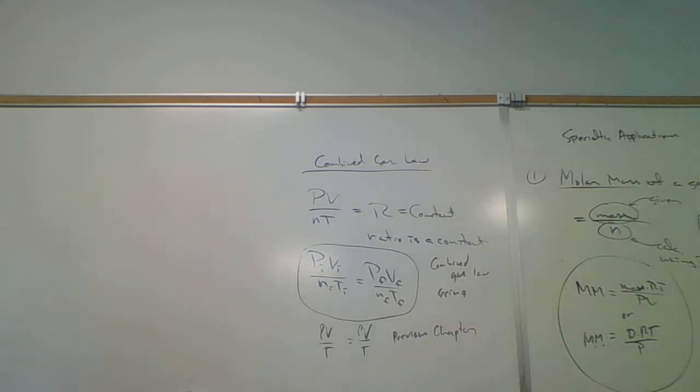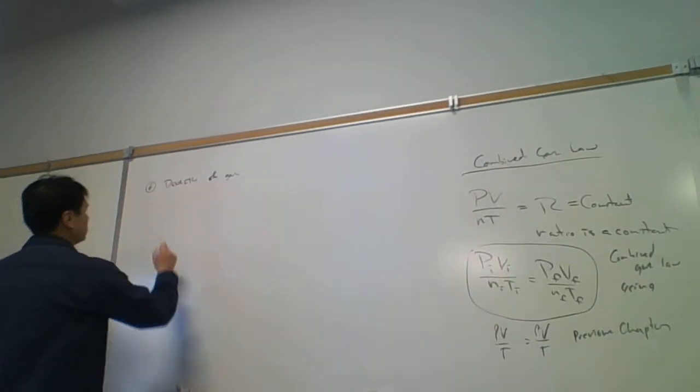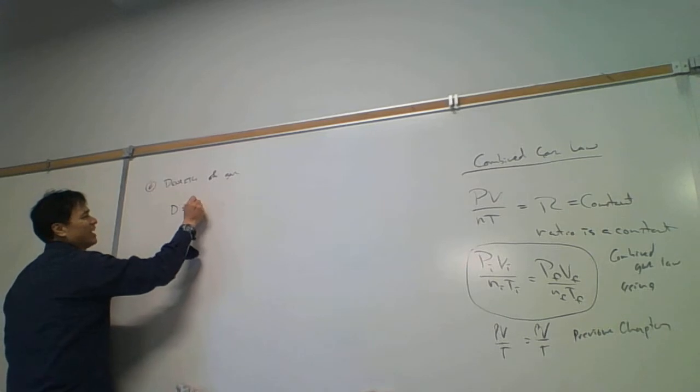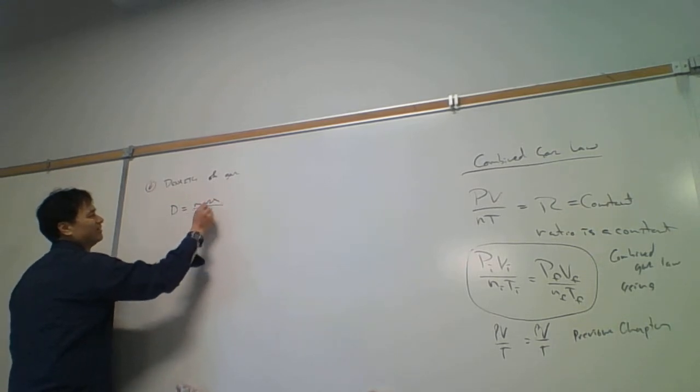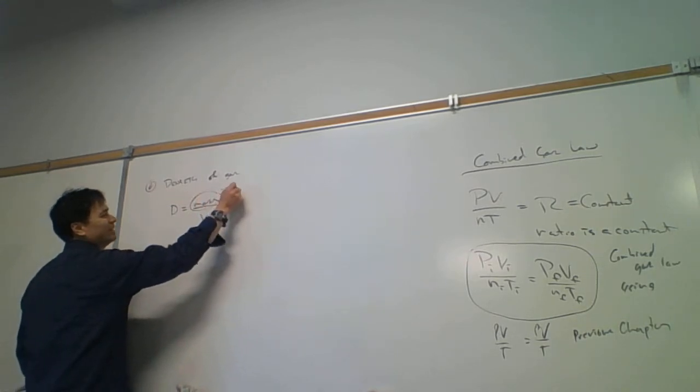Likewise, we can calculate the density of the gas, too. Normally, if we want the density, we do some experiment. But for the density of the gas, we can determine that the density is equal to the mass over volume. So the mass is going to be given.